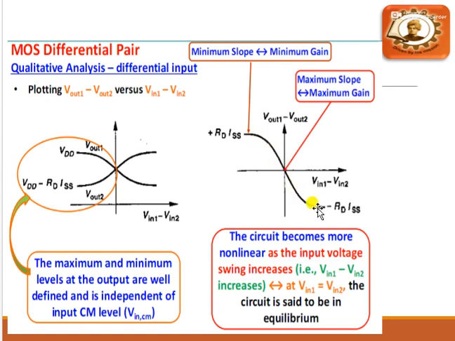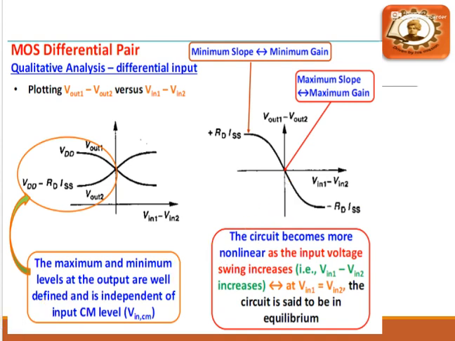But at the condition VIN1 equals VIN2, the circuit is said to be in equilibrium condition.